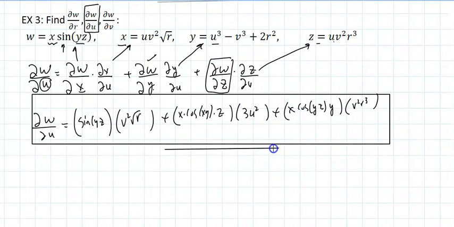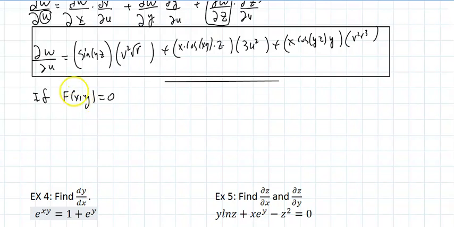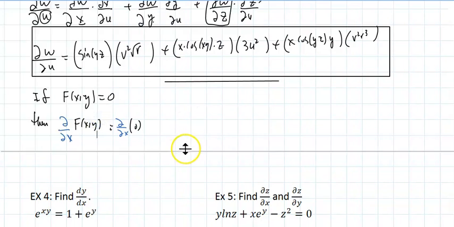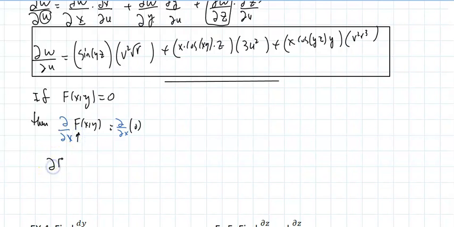Alright. Now, if f of xy equals 0, unlike what I had before, if I have f of xy equals 0, then if I take the partial with respect to x of both sides, by the chain rule, this would be the partial of f with respect to x plus the partial of f with respect to y.